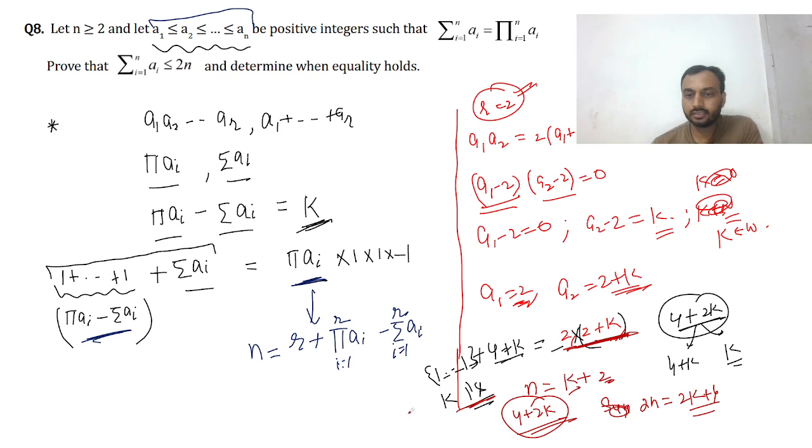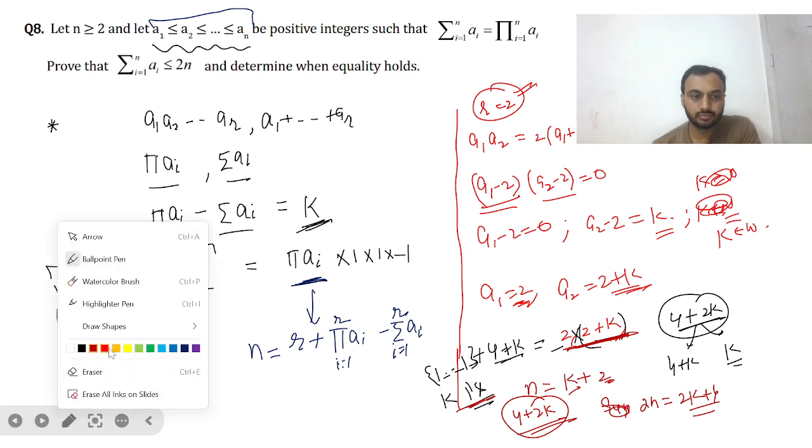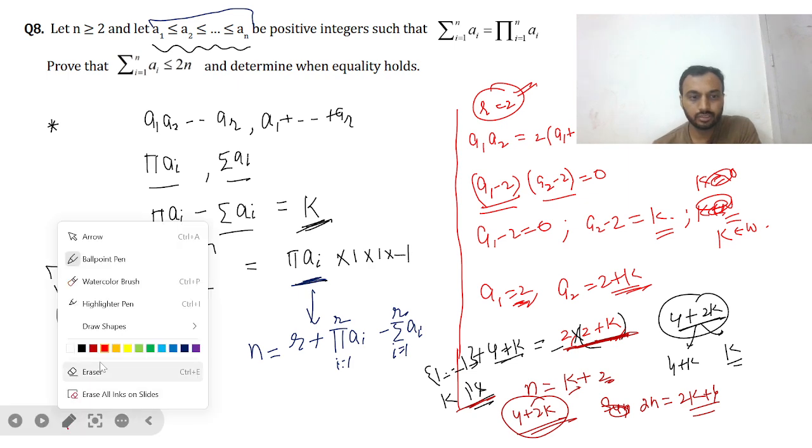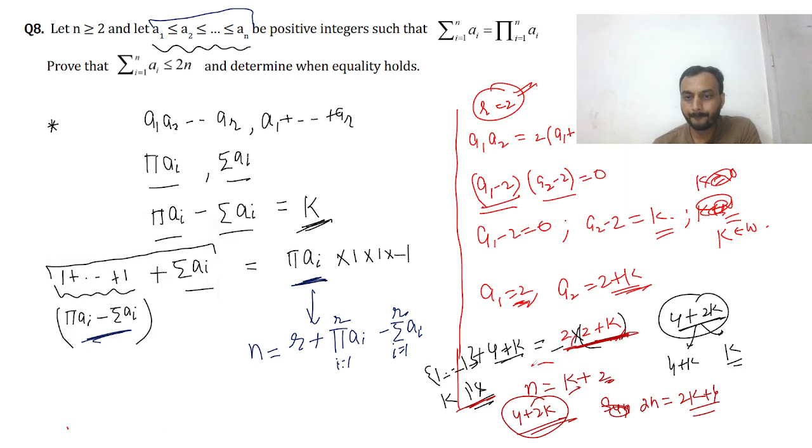or I can simplify it in terms of n also. Like we have n equal to k plus 2, right? So you can say that k is equal to n minus 2. Meaning if you want to write the numbers in terms of n, k is n minus 2 and k plus 2 is n.